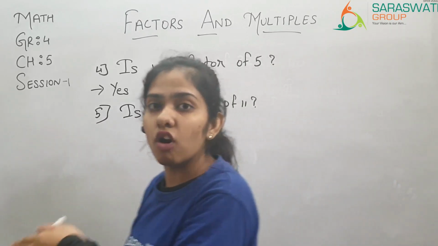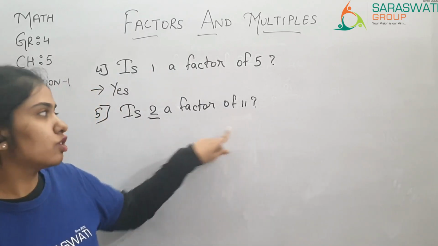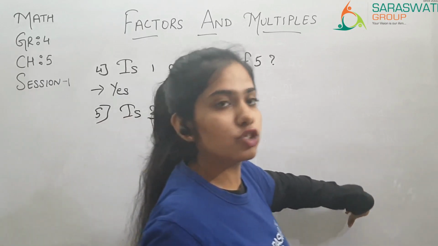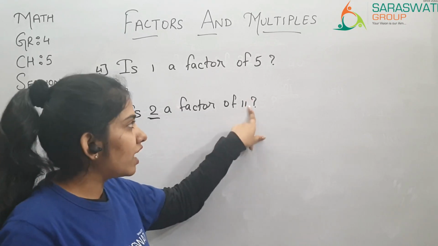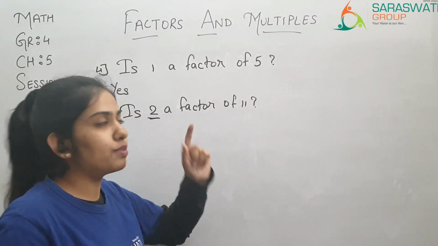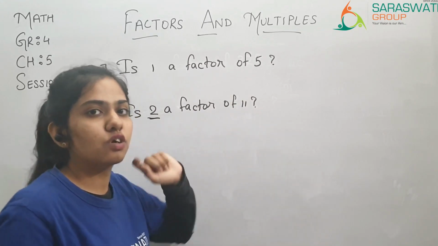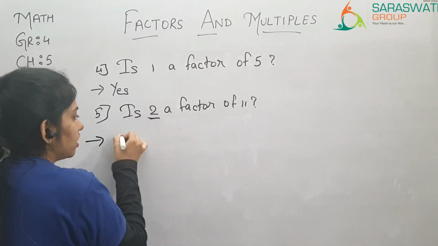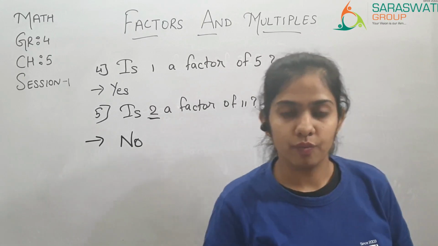Here 11 is an odd number, so 2 cannot be a factor of 11. If it were 12, it would be possible for 2 to be a factor. But since it is an odd number, 2 is not a factor of 11. So our answer is no.